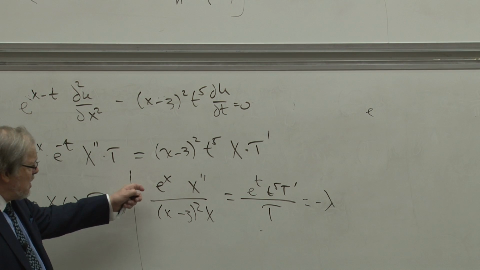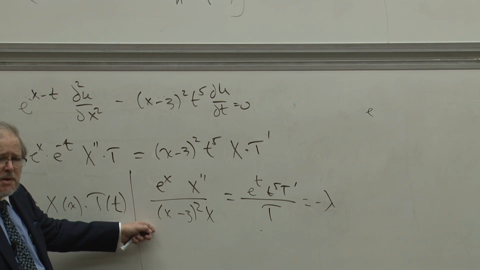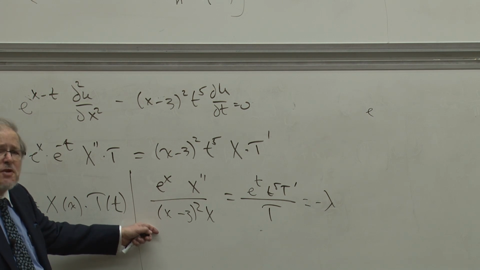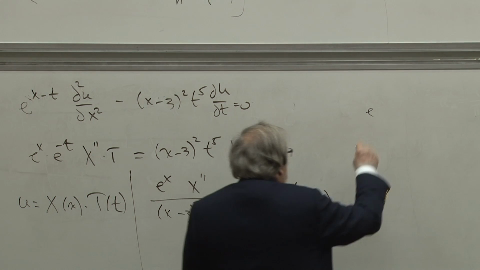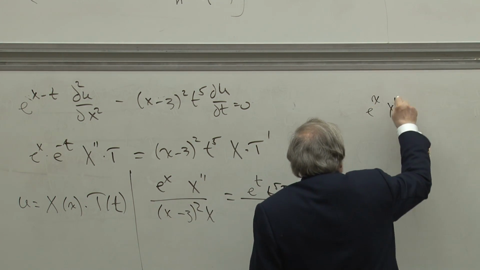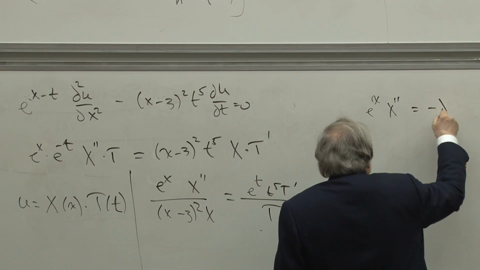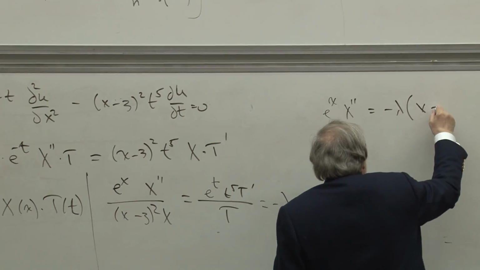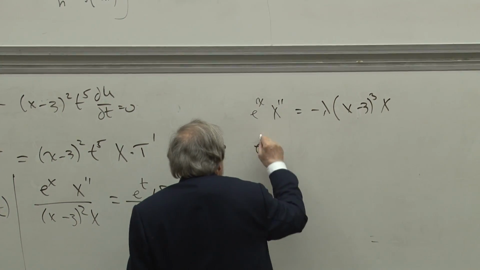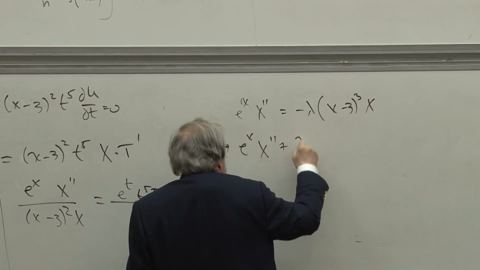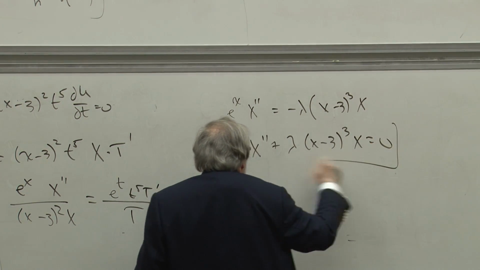One of the things that cause people to lose credit on this problem is to stop at this point. It says find two differential equations. Write them down, two differential equations. e to the x, X double prime is negative lambda times (x minus 3) cubed X, or e to the x, X double prime plus lambda (x minus 3) cubed X equals 0.